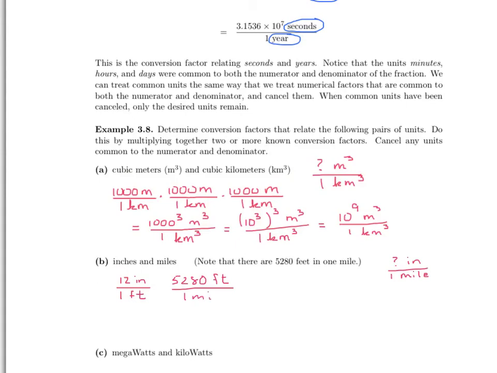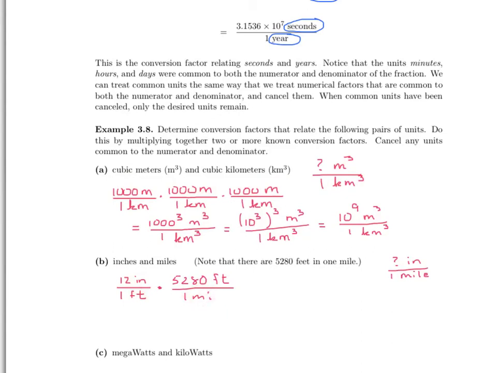So we have 2 conversion factors right here. What would happen if we multiplied them? So let's go ahead and multiply them. Pay attention to the units right away. When you multiply these fractions, you will have inches times feet in the numerator, and in the denominator you're going to have feet times miles.